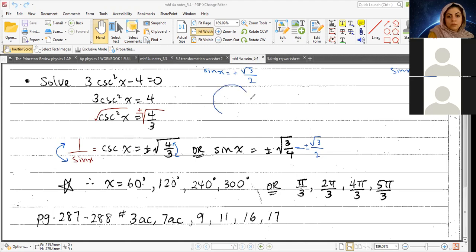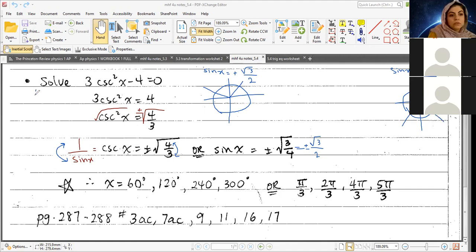I'm going to put the unit circle where the sine is positive. Again, the CAST rule, C-A-S-T. Here, everything is positive. Here, just the sine is positive. And for this one, where it is negative, in the third quadrant and fourth quadrant, the sine is negative.